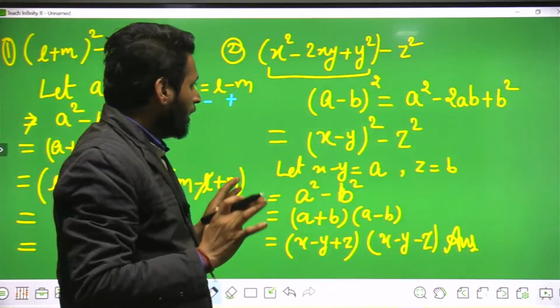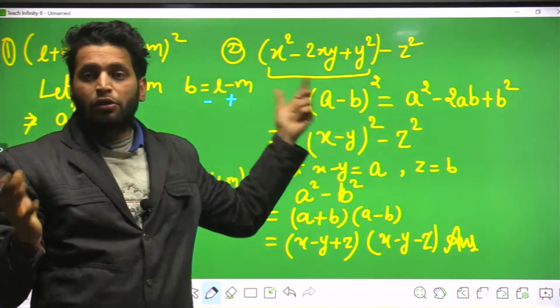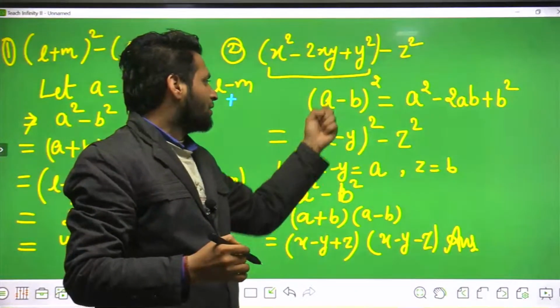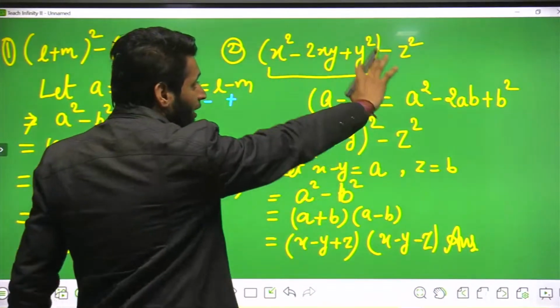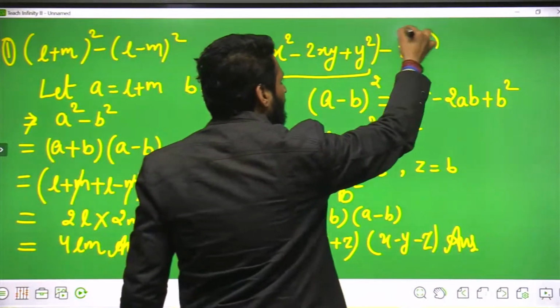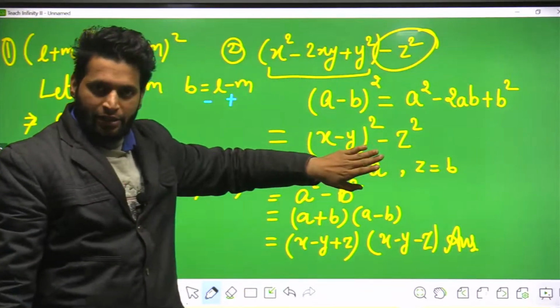So as a result, like (a minus b) whole square, we write (x minus y) whole square, and the remaining part is minus z square. That's why we write it as it is.